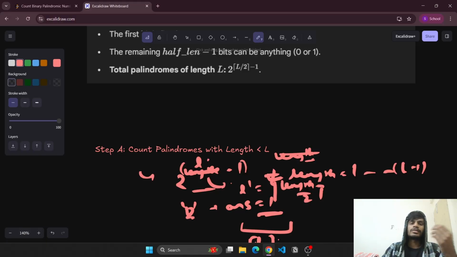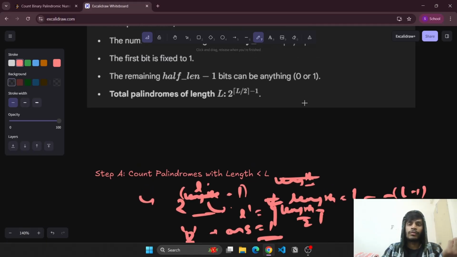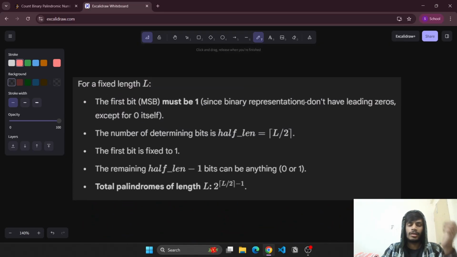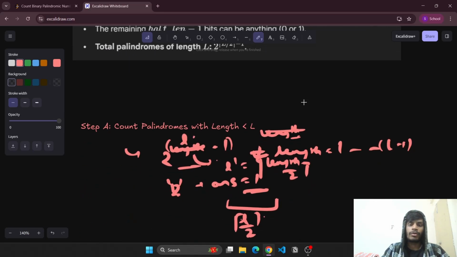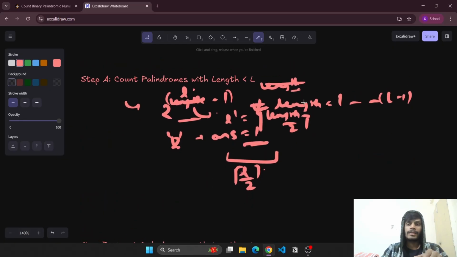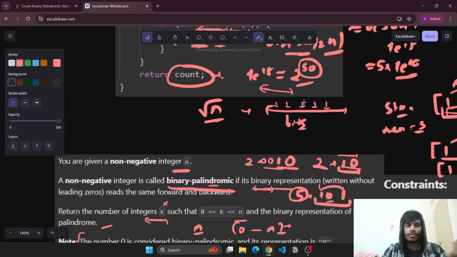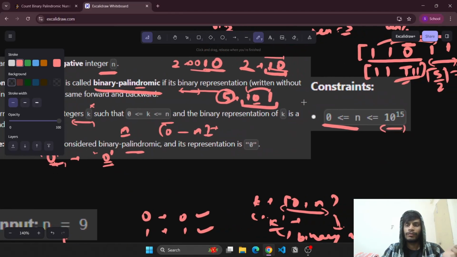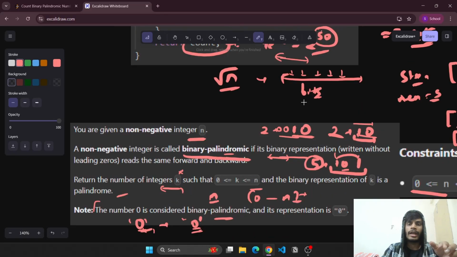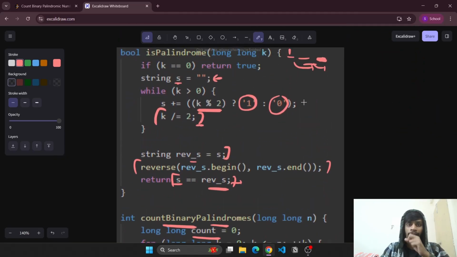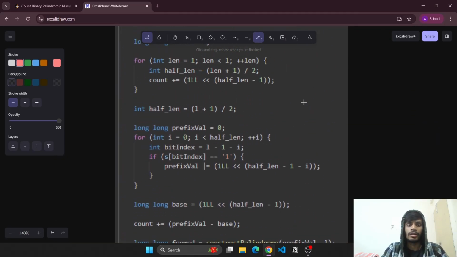That is what was useful here. Let's see the code as well for this algorithm, and then it will be more clear, because it is pretty hard to just visualize all of these things. Then I think the things will become more crystal clear.